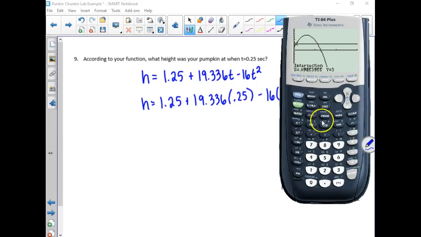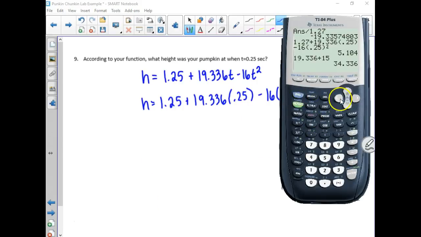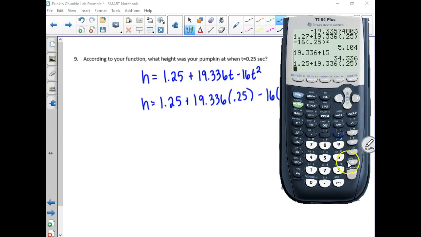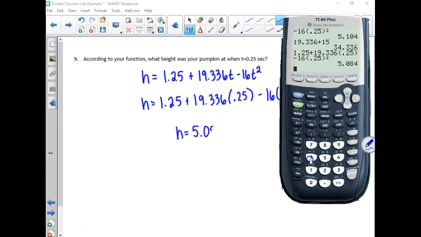And I'm just going to go to my calculator. I'm going to go back to the main screen to type this in. So 1.25 plus 19.336 times 0.25 minus 16 times 0.25 squared, and I get 5.084. So my height whenever the time is 0.25 is 5.084 feet.